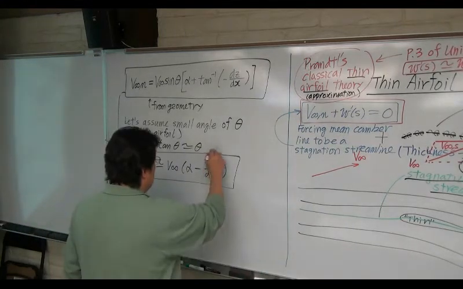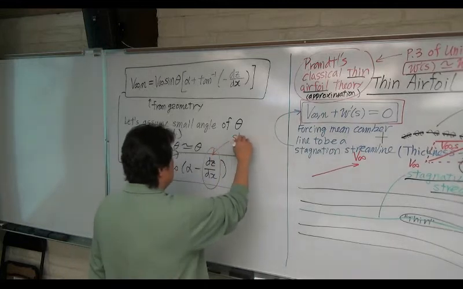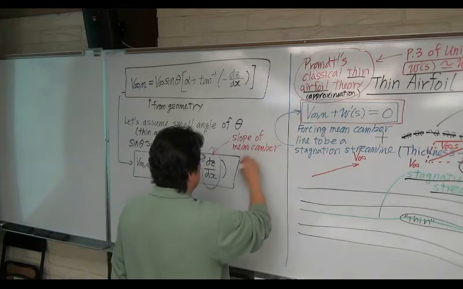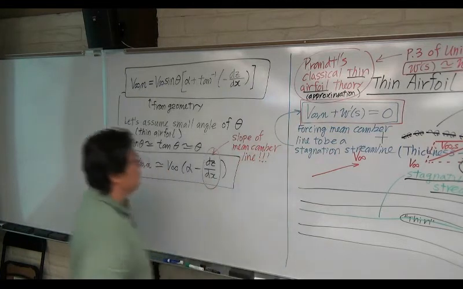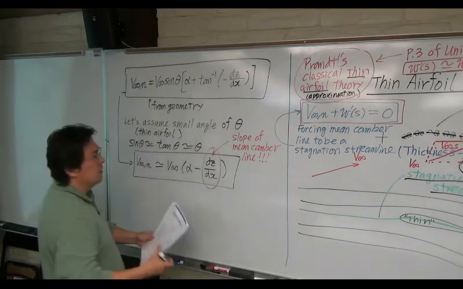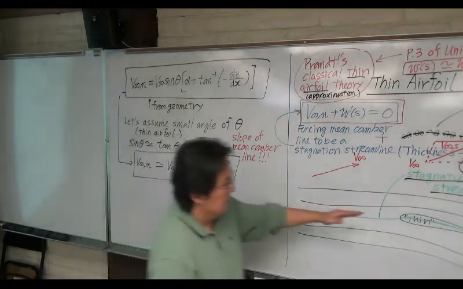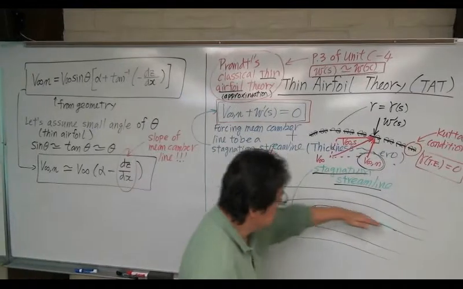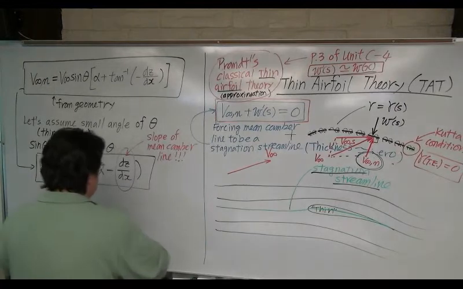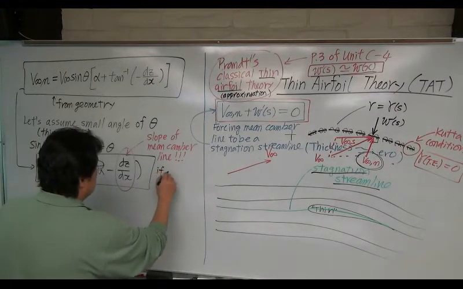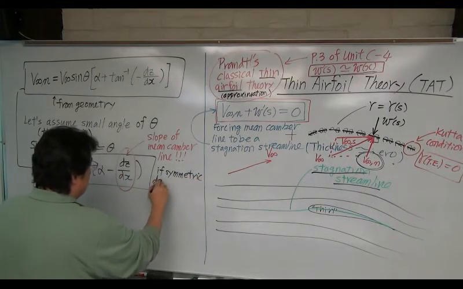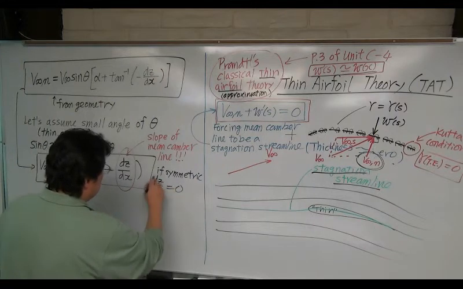The important thing here is this dz dx. This is the slope of the mean camber line. So this dz dx is how the mean camber line behaves. In other words, what is this curve? If you think a little bit more, if this is a symmetric airfoil, dz dx is essentially zero.